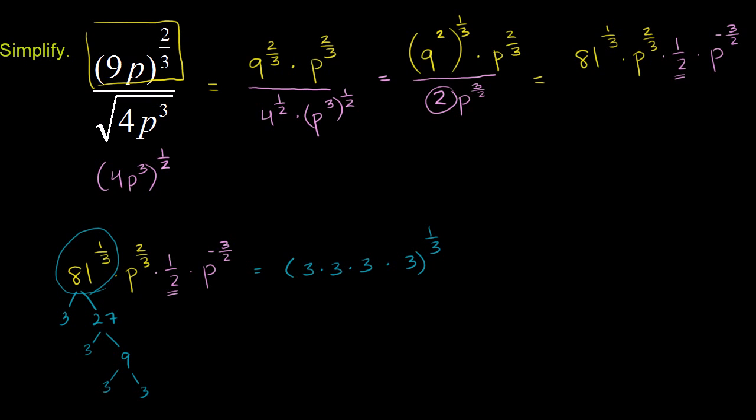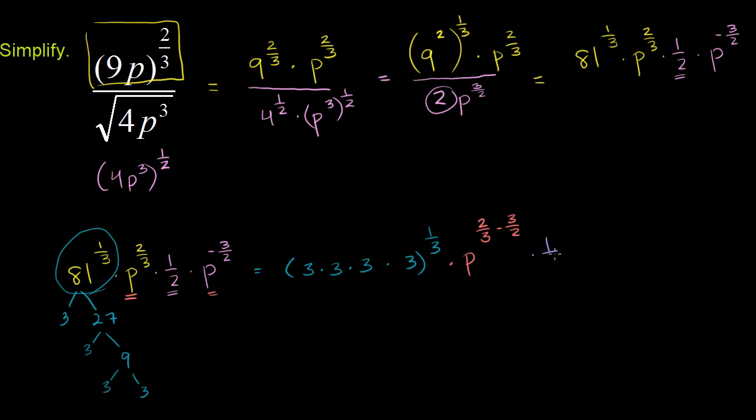And then let's think about these p's. I'm doing more steps than I would do if I had to do it on a piece of paper, because I really want y'all to understand what's going on here. So we have p to the 2/3 times p to the negative 3/2. So that's going to be p to the 2/3 minus 3/2 power. And then we just have the times 1/2.